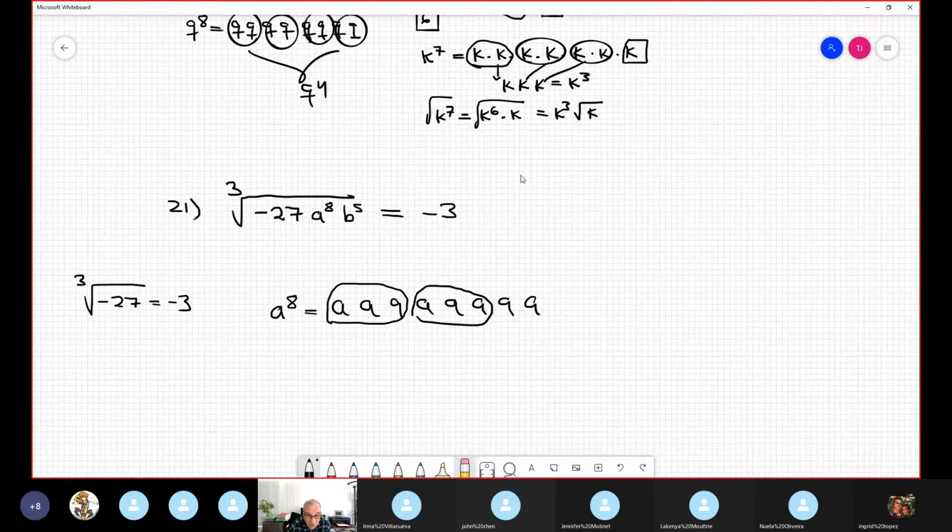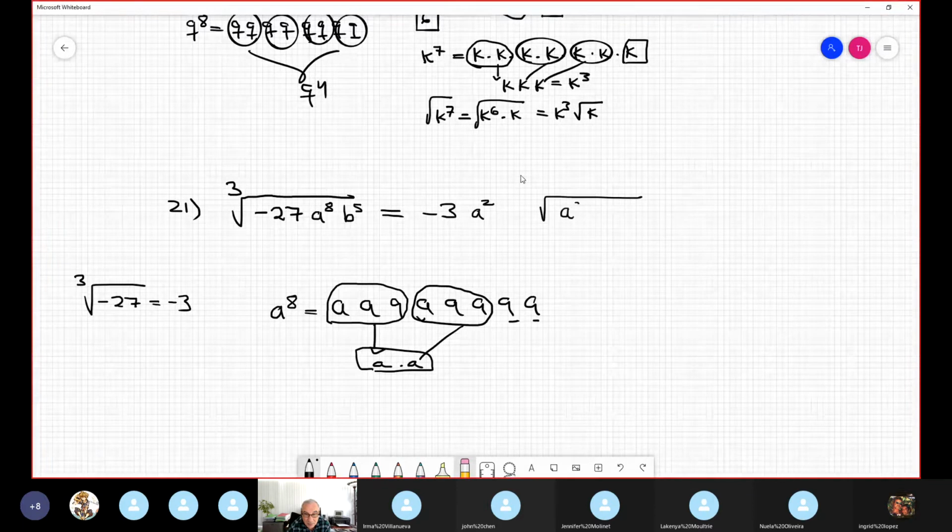So we have one triplet of A that represents one A outside, another triplet, another A outside, and stay inside 2 A's. 1, 2, 3, 4, 5, 6, 7, 8. It's 8 power. So what's the answer? The answer is a squared outside, which is this and this, and this again is a squared again outside. Make sense?